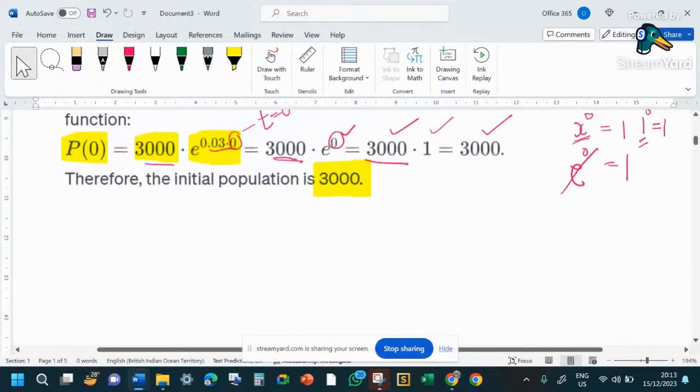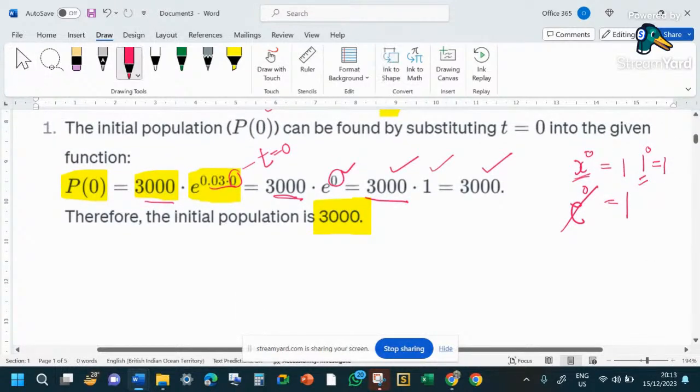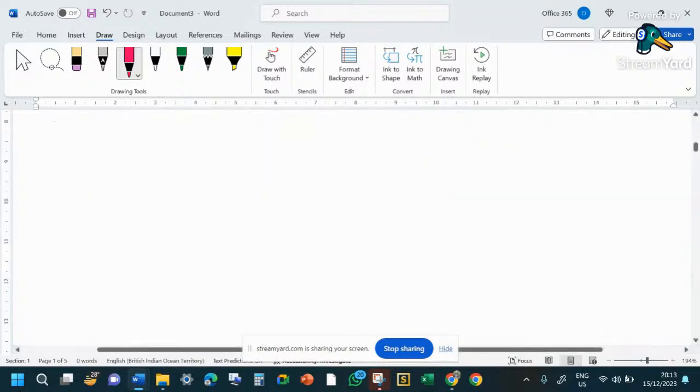All right. Let me just clarify on the e to the 0 or x to the 0. Why is it equal to 1? If you have, for example, x over x, we normally cancel that out and this is equal to 1. What's the reason?